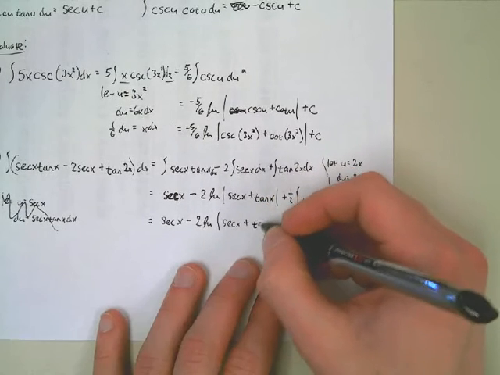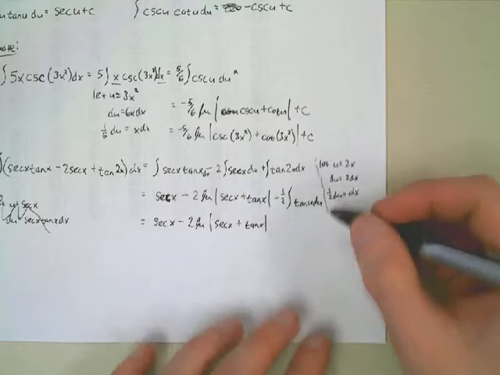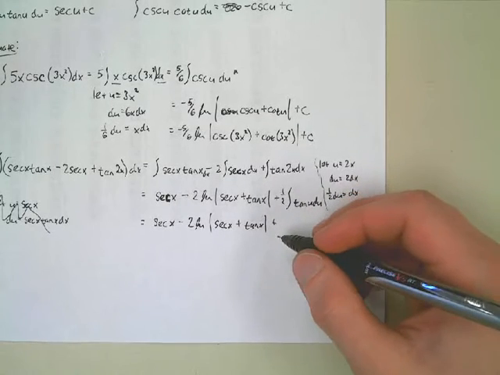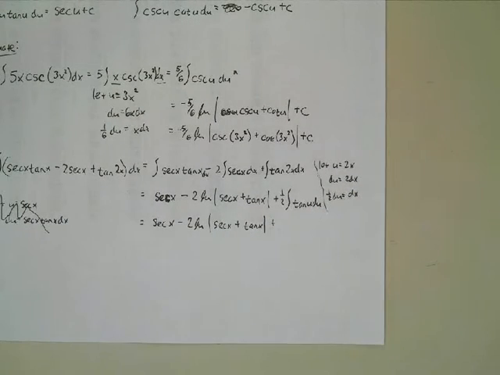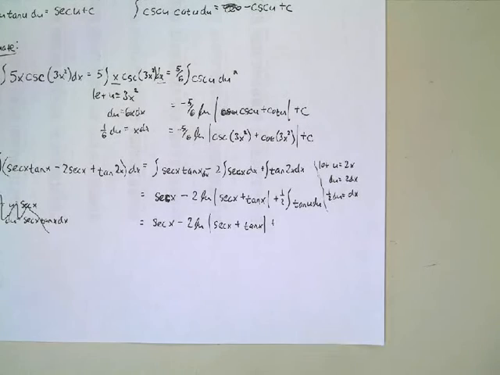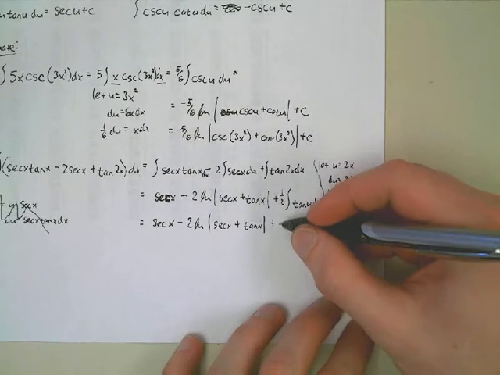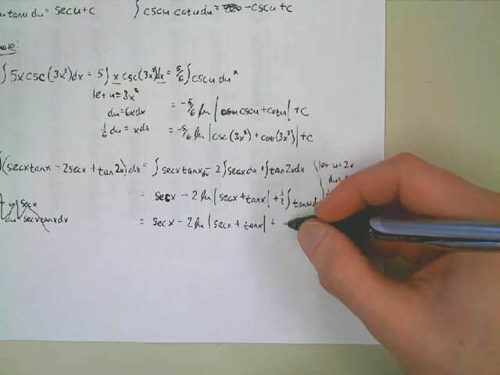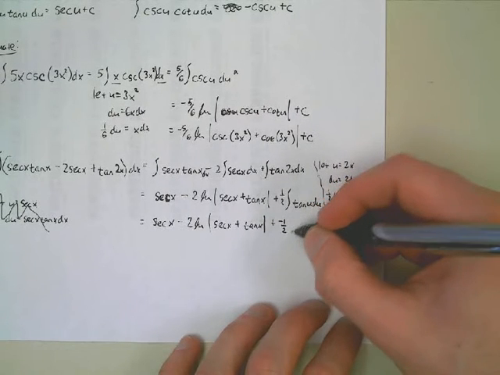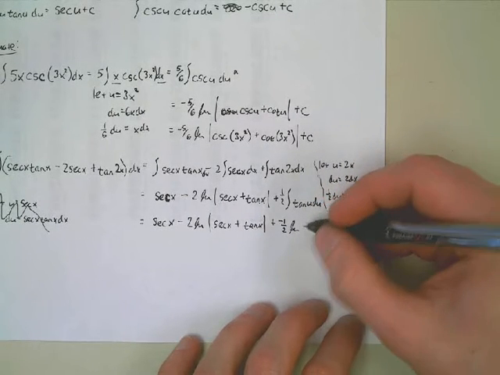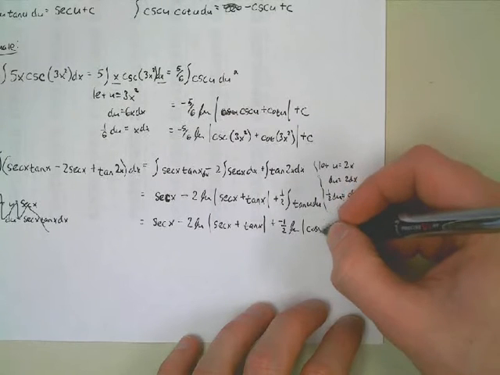Okay, so the integral of tangent is what there, Chanda? Negative natural log of cosine. Yeah, don't forget the natural log part. So negative 1/2, in this case, the natural log of the absolute value of cosine, plus c.